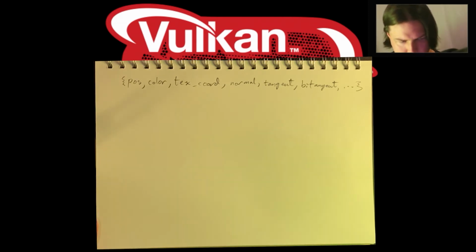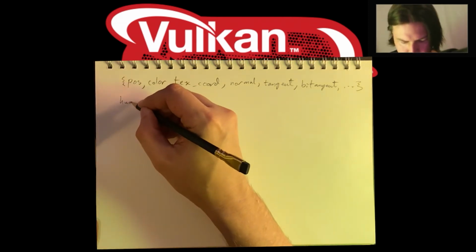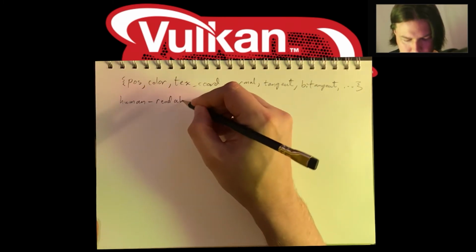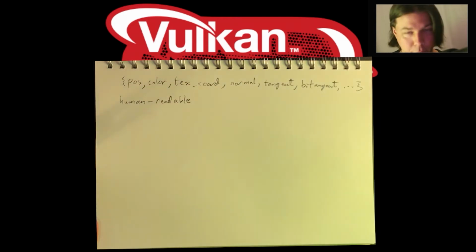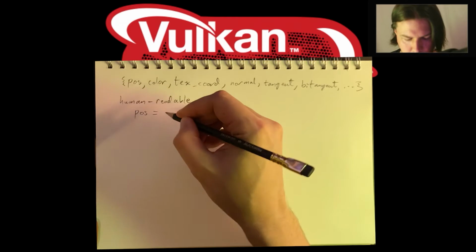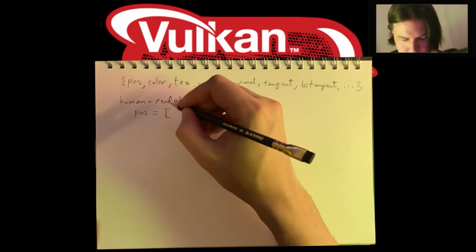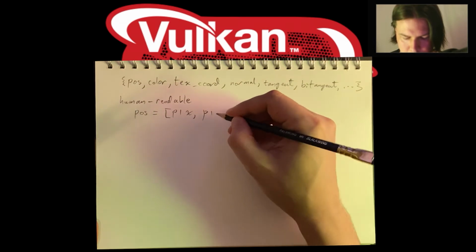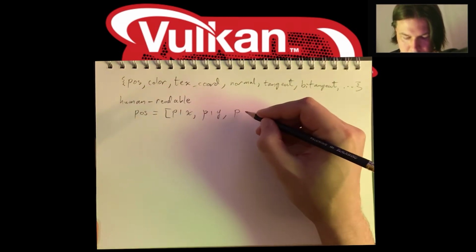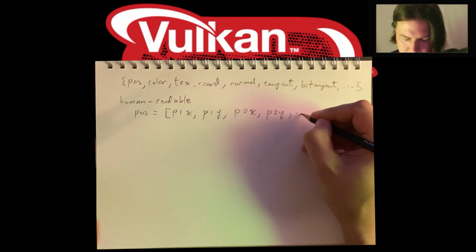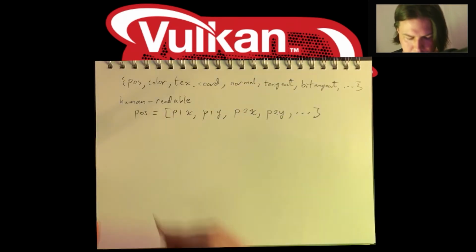So there's a bunch of different ways of doing this. One is what I call the human readable format. For example, if we're looking at color and position, we would specify one array for all the positions. So we'd have for point 1 the x coordinate, point 1 the y coordinate. Then we go to point 2 and we say point 2 x, point 2 y, and continue on in this way.